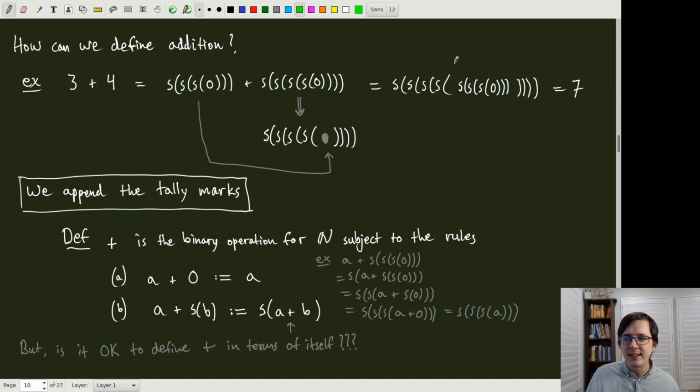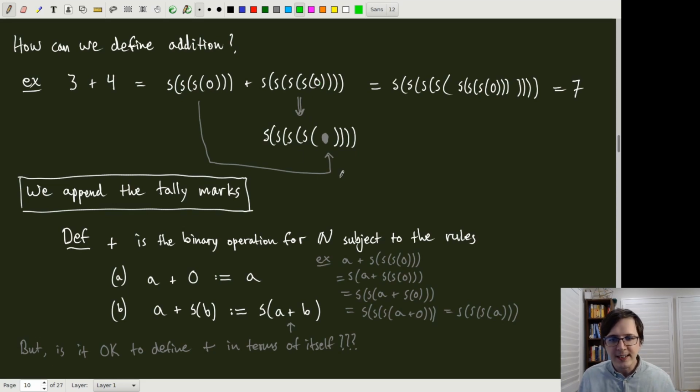Which is represented over here, where we have the 4 stones that were inserted from the second number onto the bucket from the first number. And so this is the number 7, of course, because there are 7 successors here. So in other words, if the S's are like tally marks, we just simply append the tally marks across and we forget about the 0 in the second one.